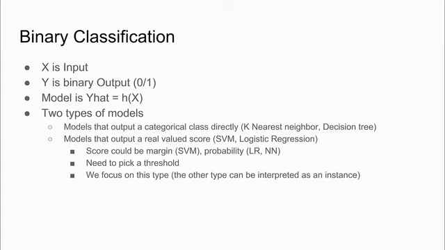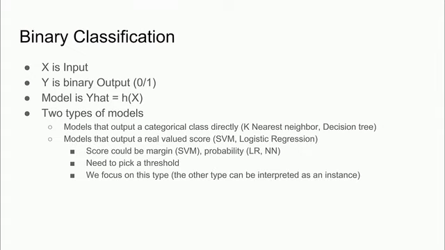On the other hand, logistic regression and neural networks, to a certain extent, predict a probability of the example being positive or negative. For any of these score-based classifiers, since our end result is really a binary classification, we want to set a threshold.